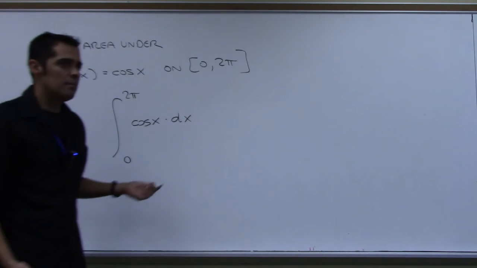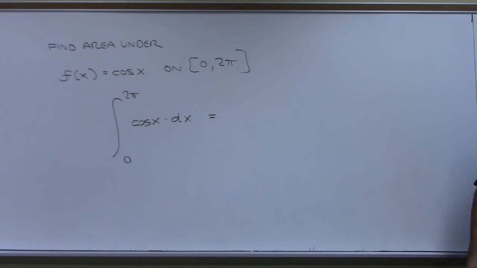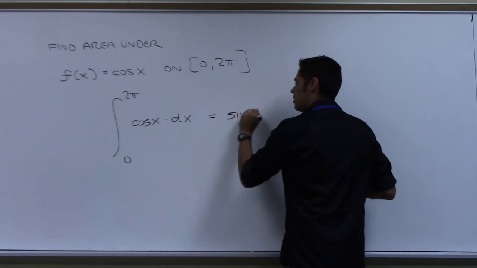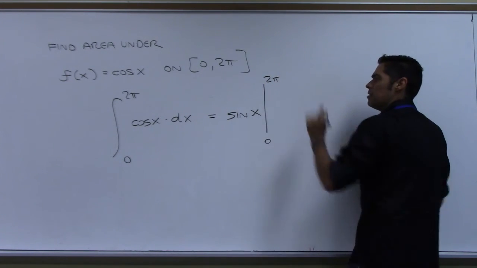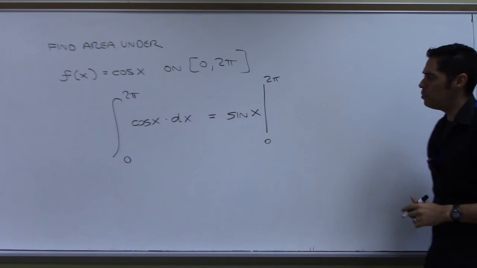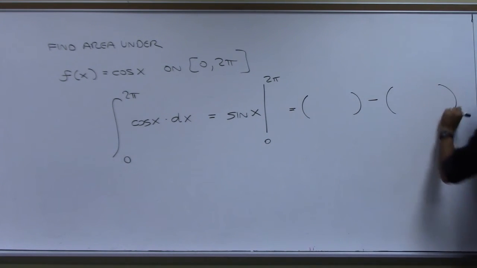And then equals. So I just need to find the antiderivative. The antiderivative of cosine x is just sine x, and then 0 and 2 pi. That's the notation we use. Just write down the antiderivative and the two endpoints, and then I'm going to plug in and get an answer.